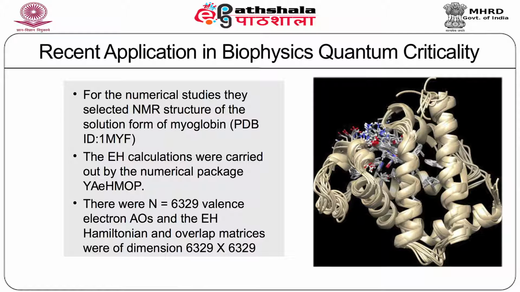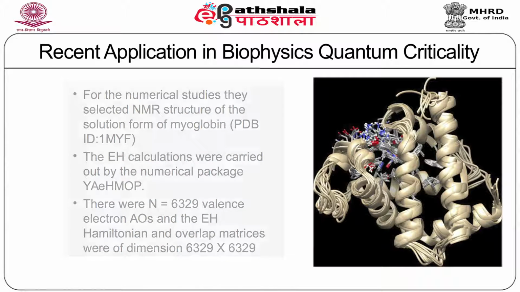There were 6,329 valence electron atomic orbitals, and the extended Huckel Hamiltonian and overlap matrices were of dimension 6,329 by 6,329.